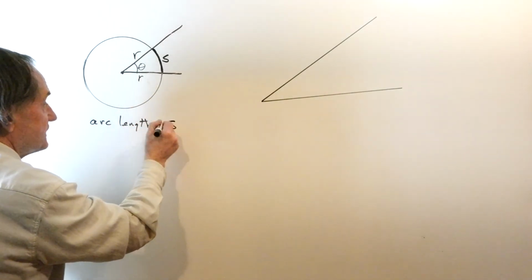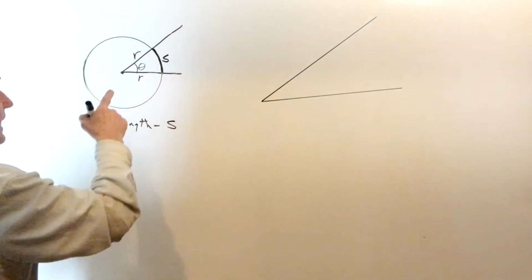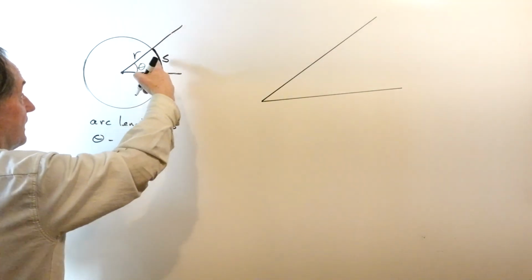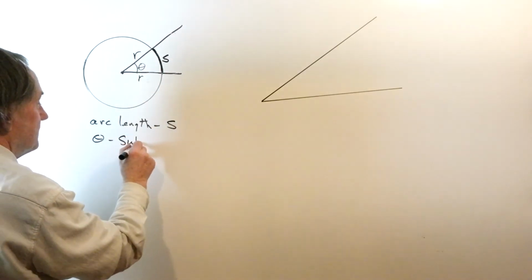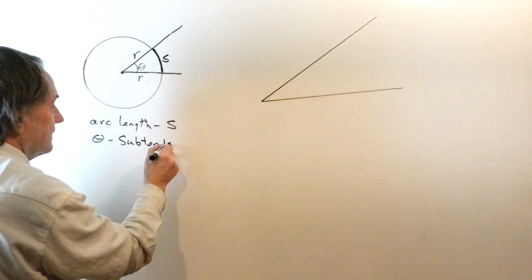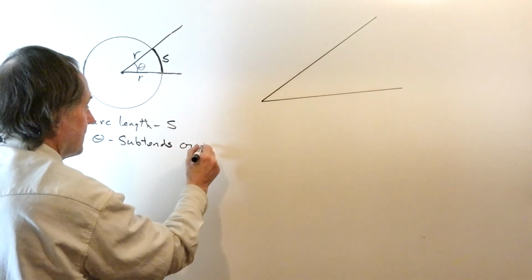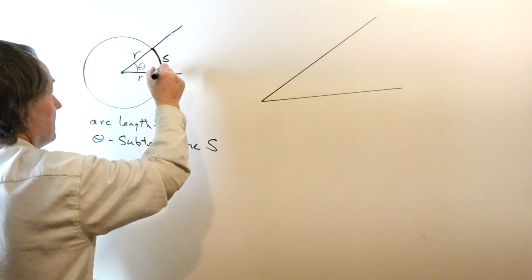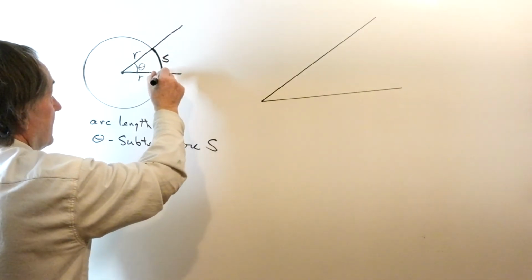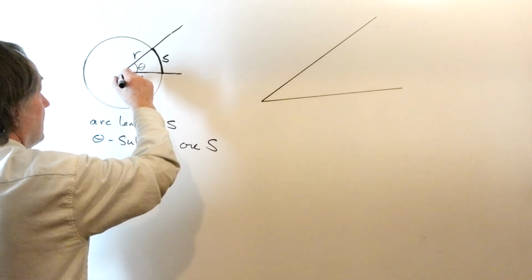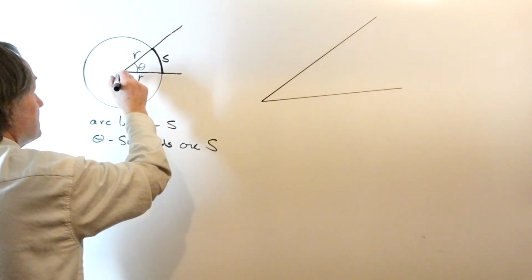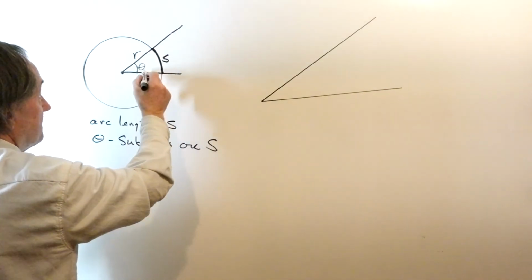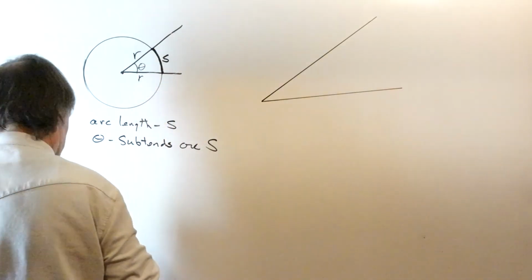So S denotes arc length, and theta is the angle that subtends this arc length. Okay, that is, if we take the length of arc S and take the endpoints and then draw a line from the center of the circle to the endpoints of that arc, we say that this arc is subtended by this angle theta.